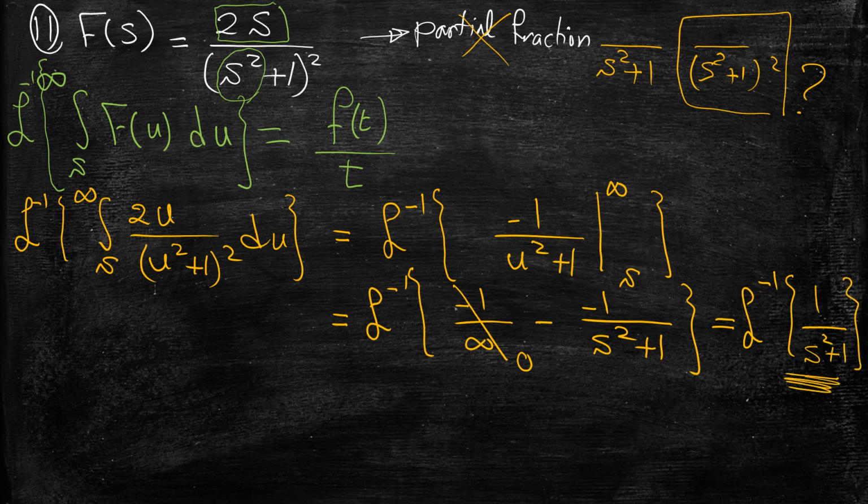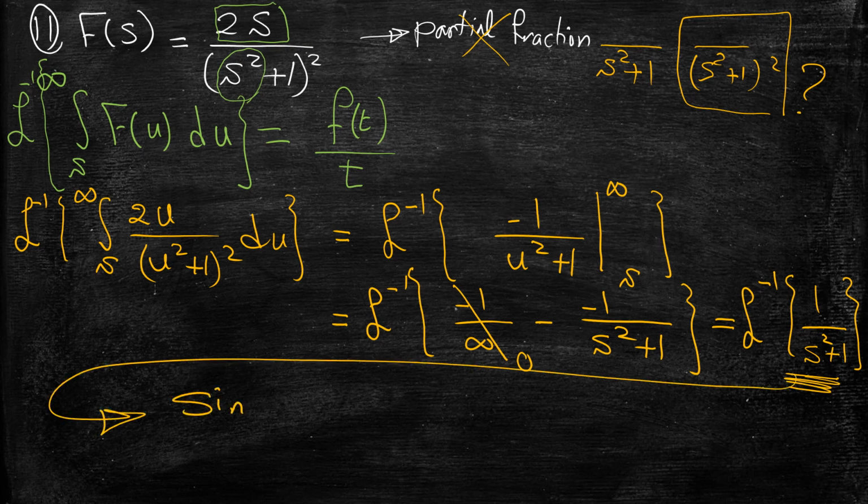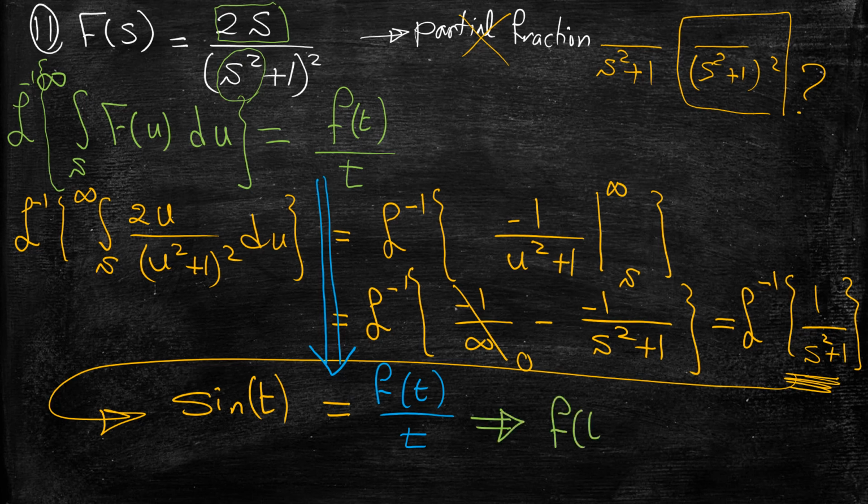This is something we already know; it's nothing but sine t from the table. And all of this equals f of t over t. So the function f of t at the end is nothing but t multiplied by sine t.